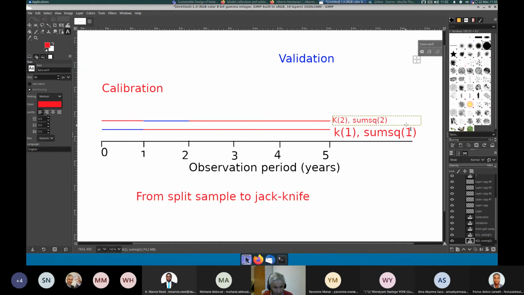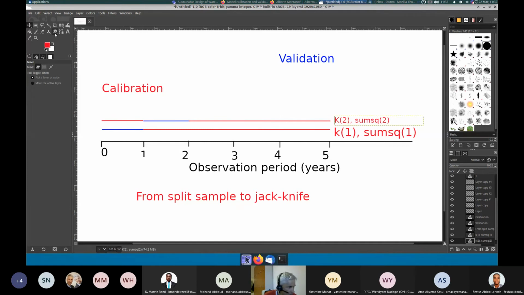Okay, now let me move this. I may decide later on to include this figure in my notes. And then next one.